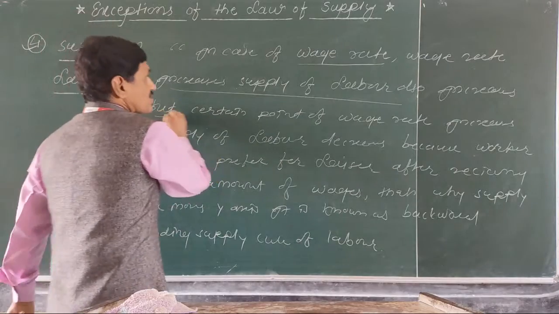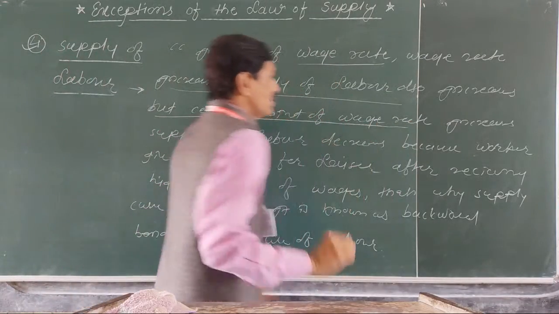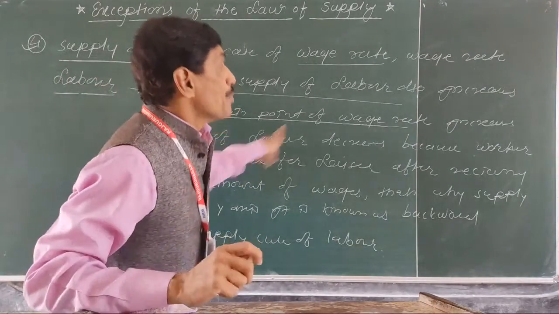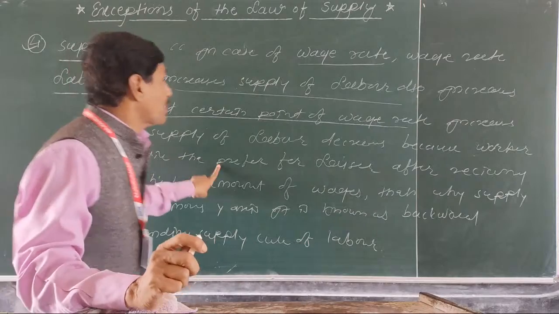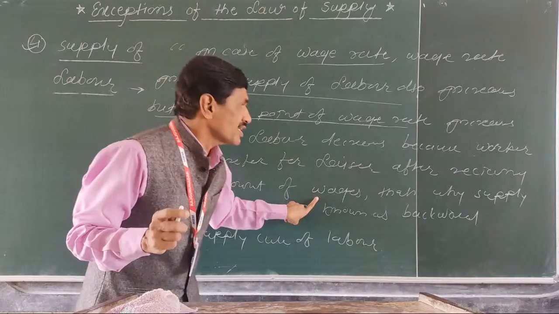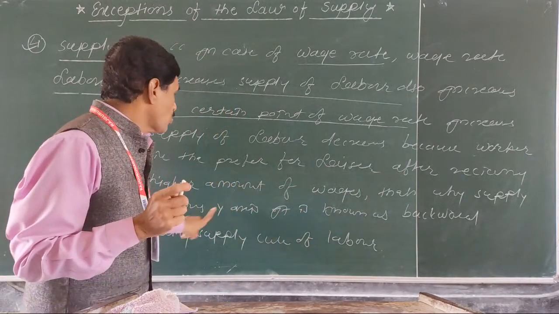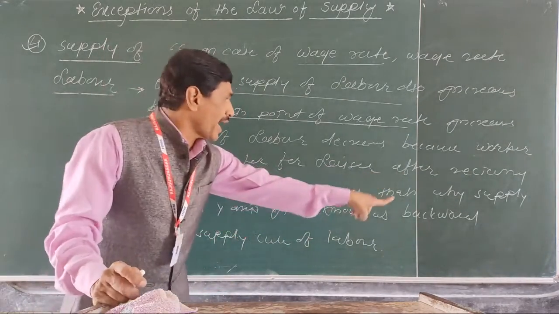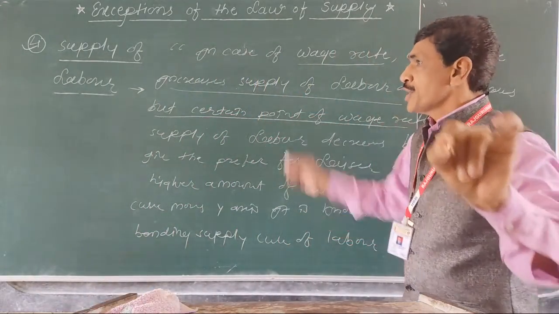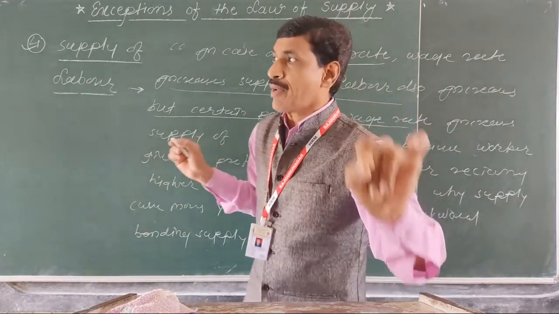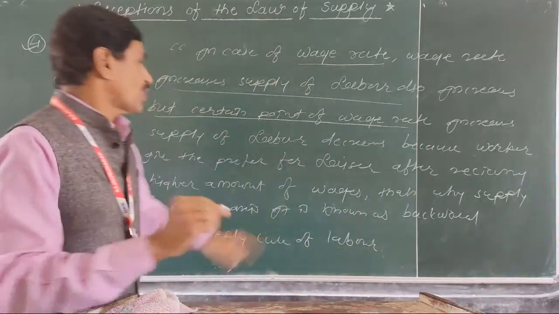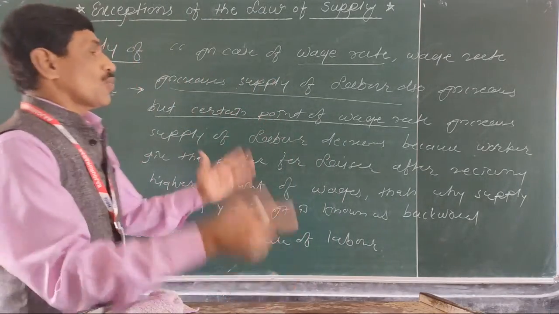But at a certain point, as the wage rate increases, supply of labor decreases, because workers give preference to leisure after receiving a higher amount of wages. That's why the supply curve moves backward. It is known as the backward bending supply curve.